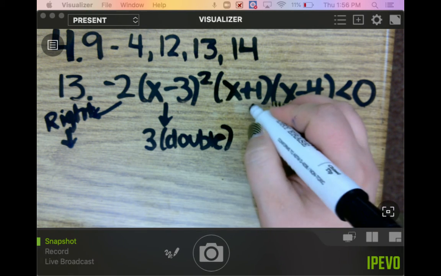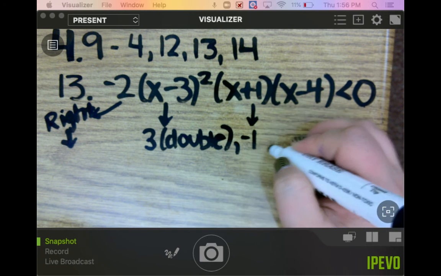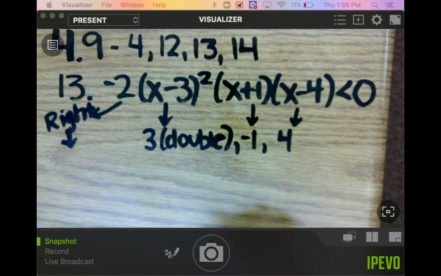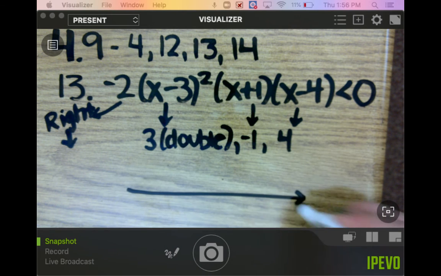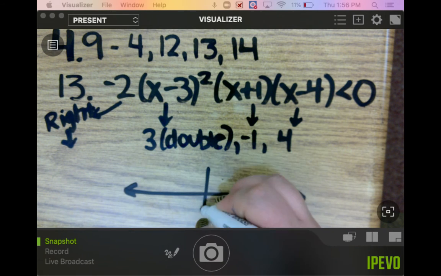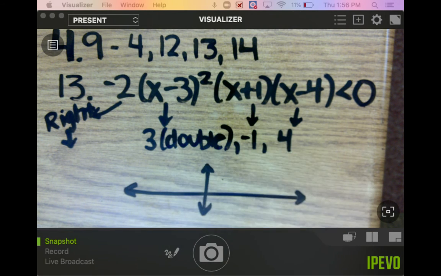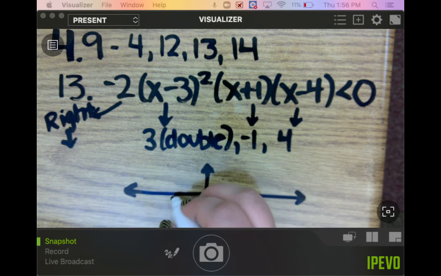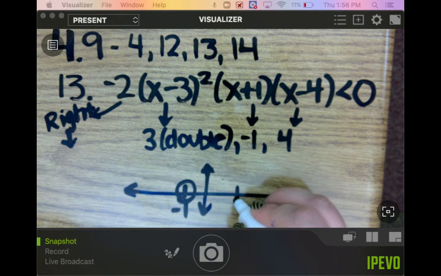This one is going to be at -1, and this one's going to be at 4. Since this one's already factored for us, it's a little bit easier. I need to put open circles because there's no equals to at -1, 3, and 4.